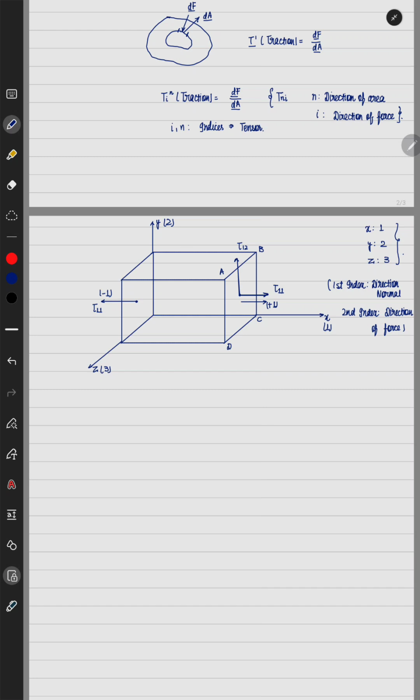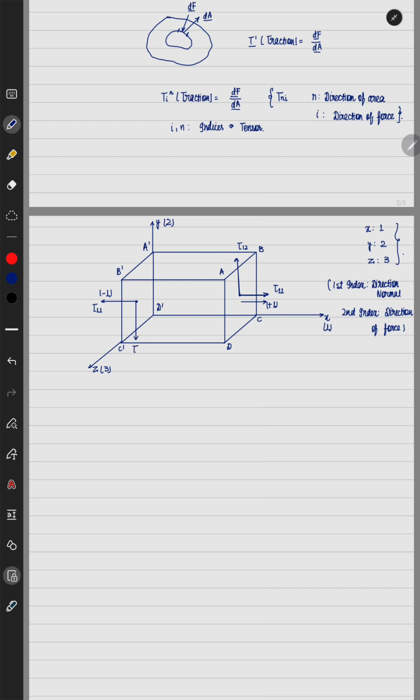But in this case, A prime, B prime, C prime and D prime, the area is oriented along the negative 1 direction, so the force tau 1 1 is also oriented along the negative 1 direction. The second stress component I will write as this.